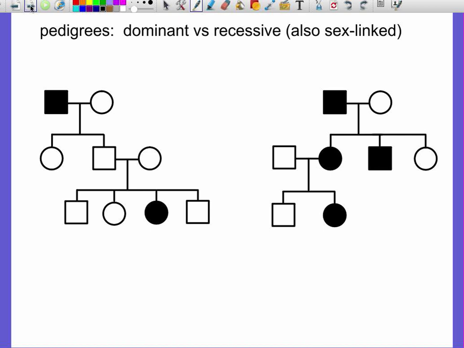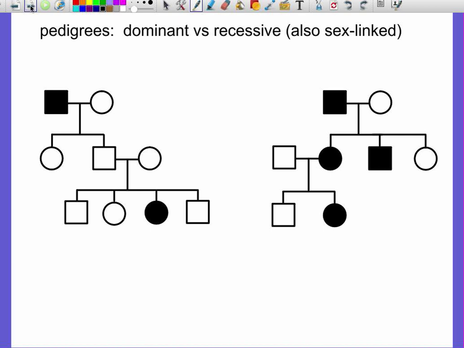So just wait until after we're done with this slide and then redraw it in the margin somewhere, but you're going to need pictures for 3 different pedigrees when it's all said and done. So we're going to look at tracking dominant and recessive traits. We're also going to look at possible sex-linked traits if it is a recessive thing that we're looking for.